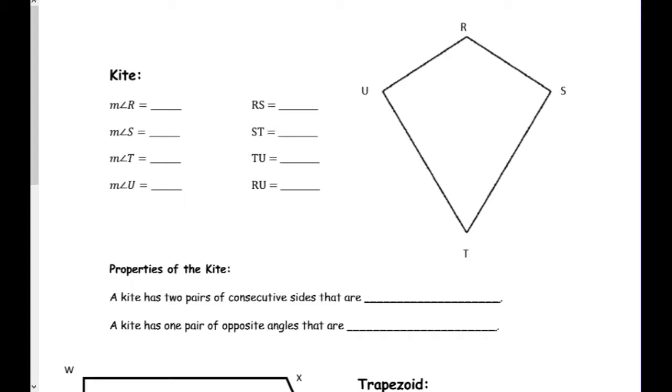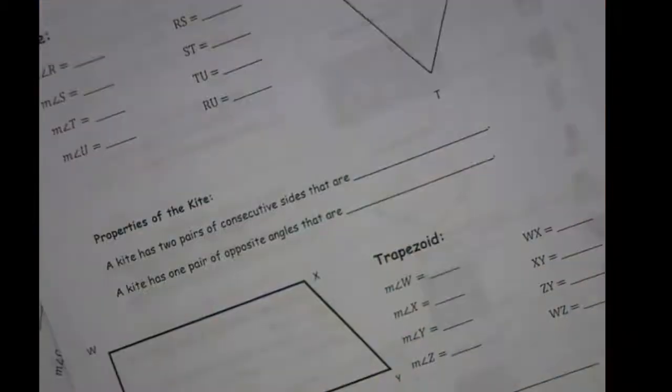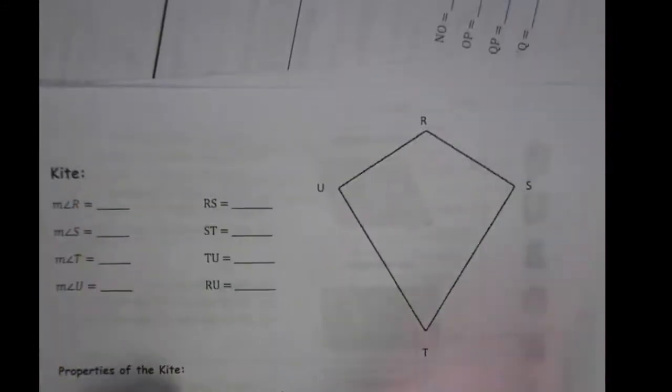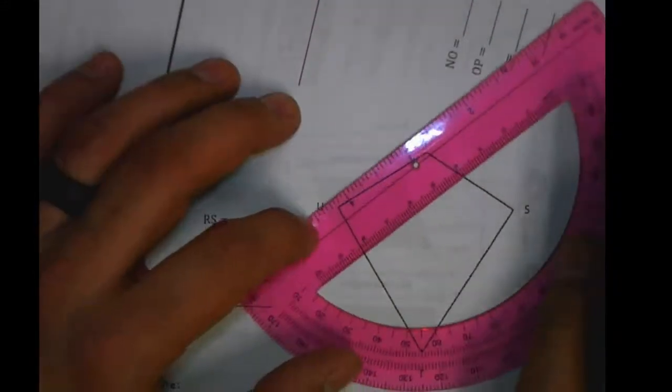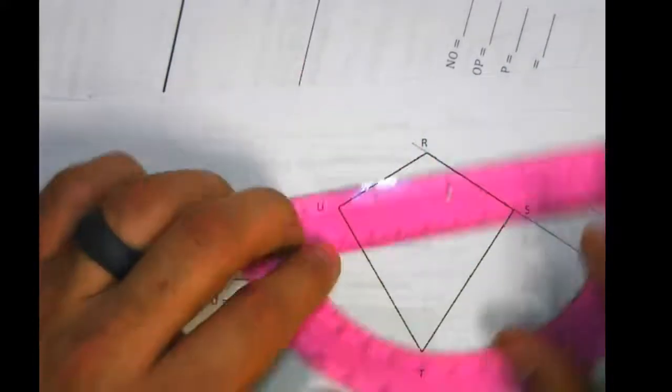All right, so let's take a look at this so we can measure our kite. And hopefully you know what a kite looks like in real life. It looks just like a kite in geometry, right? So, angle R, let's do this. Now, I'm going to have to extend this line so I can actually measure this.